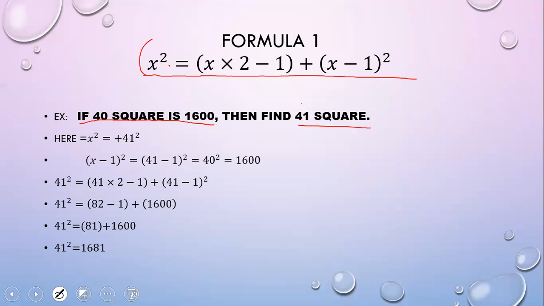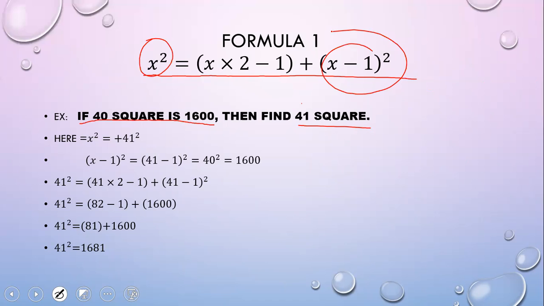So what is x square in this equation? The x square is 41 square. And what is x minus 1 whole square? x is 41, minus 1, that's 40 square, which is already given to us in the question, that's 1600.